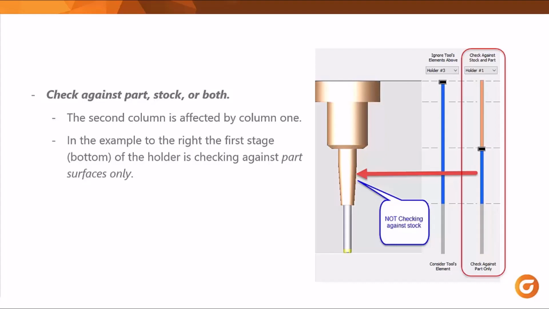So if we look in the second column, if we see blue, it means that we'll not be looking at the stock model. If we look up top where the orange is, that will be checking against the part surfaces and the stock. So as we slide that up and down, orange is checking against part and stock. Blue is checking against part surfaces only.